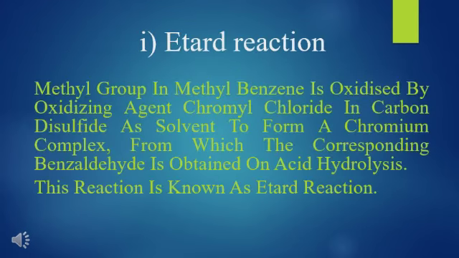In preparation of aromatic aldehyde from hydrocarbon, the first reaction is Etard reaction. Etard reaction means the methyl group in methyl benzene is oxidized by the oxidizing agent chromyl chloride in carbon disulfide as solvent to form a chromium complex, from which the corresponding benzaldehyde is obtained on acid hydrolysis.